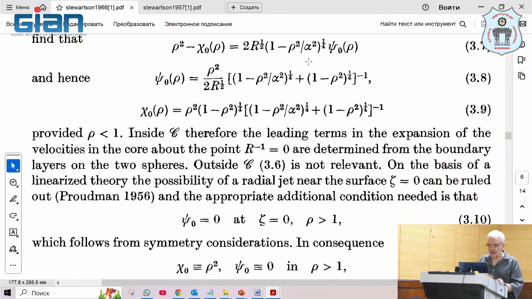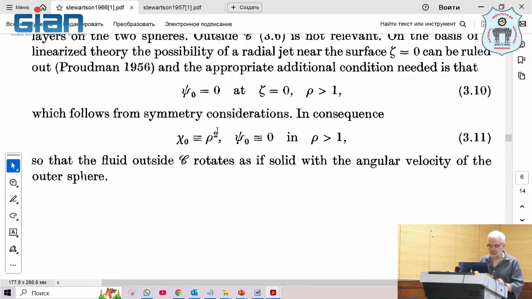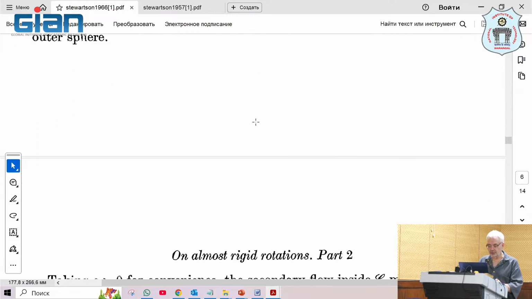And then, okay, he found that there is solid body rotation. This means, in his notation, that there is solid body rotation outside the tangent cylinder, and there is a boundary layer condition that is imposed. He used just two functions, not three as we used.